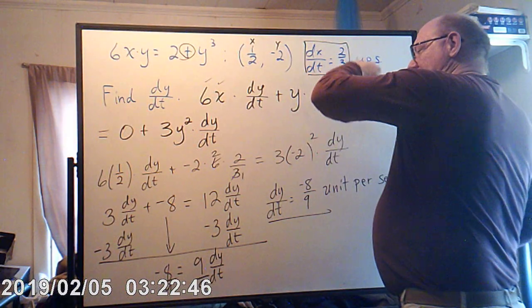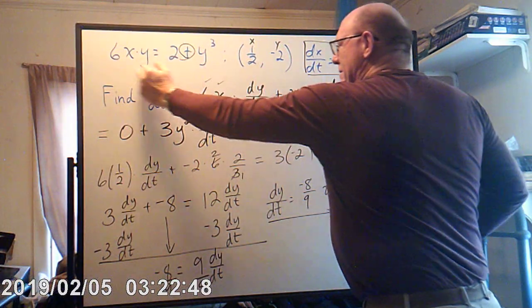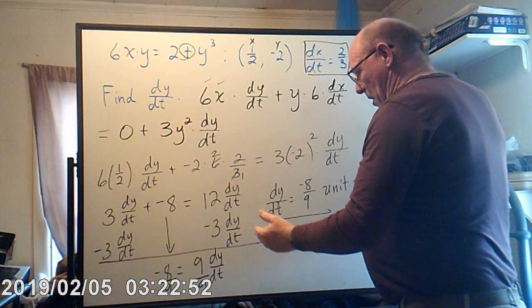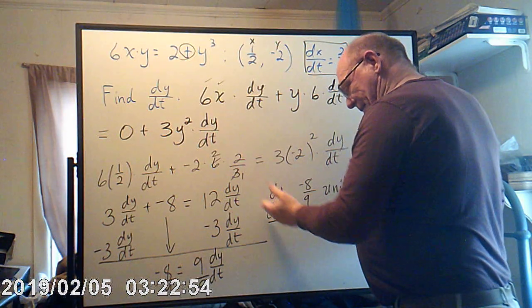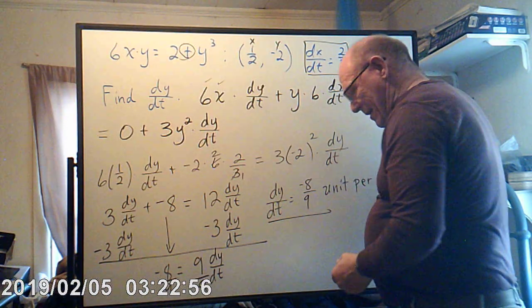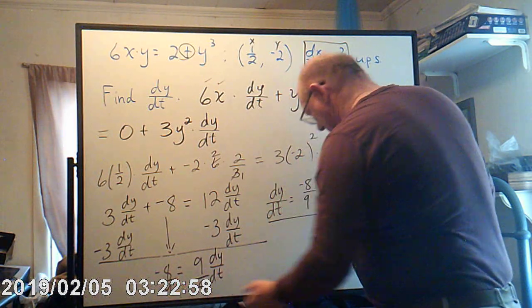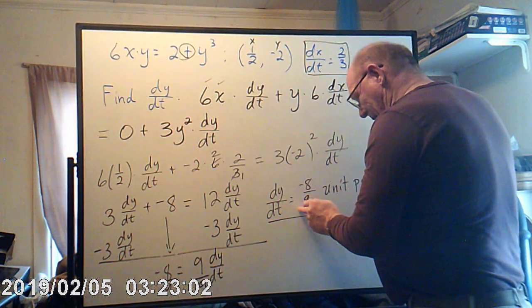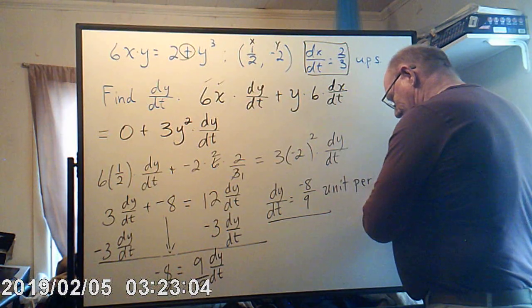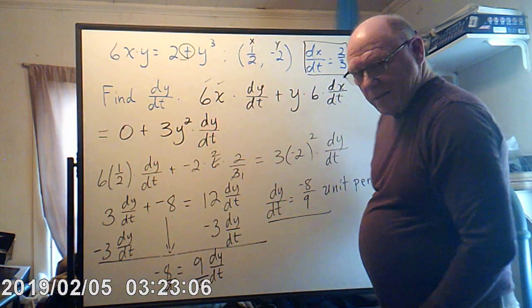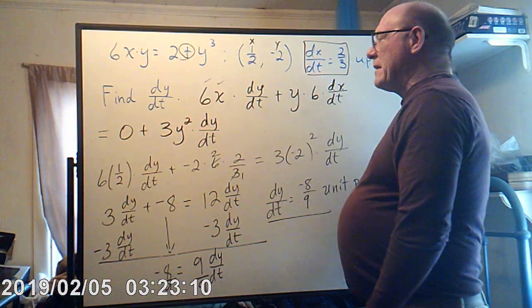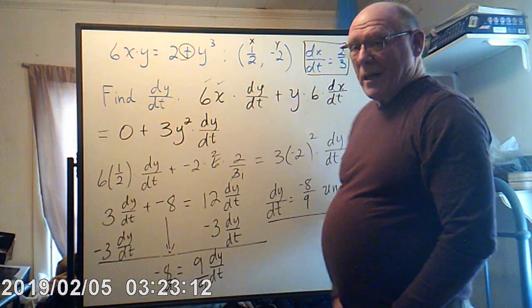I don't know what this graph looks like, honestly, but the vertical is decreasing at this rate here. So you might want to put dy over dt equals -8, and put units per second, like that. Make sure that they see all of that. That's the idea behind it.